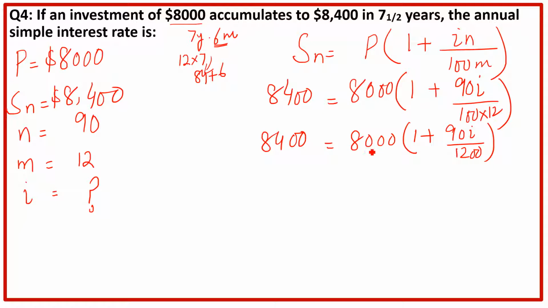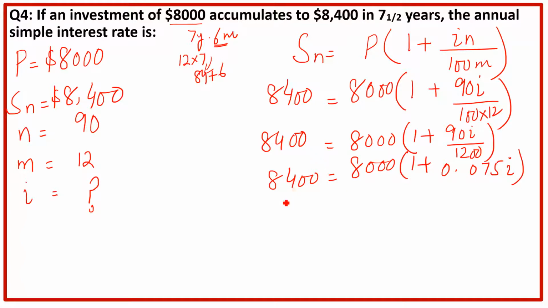So see, this 8,000, just take it to the left-hand side, or I can do this in the next step. First we will divide this: 90 divided by 1,200 is equal to 0.075 i, where i is the interest rate.